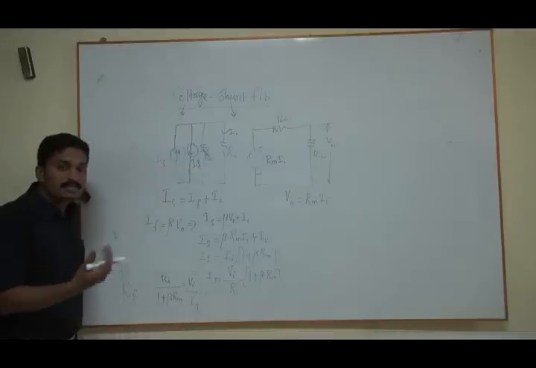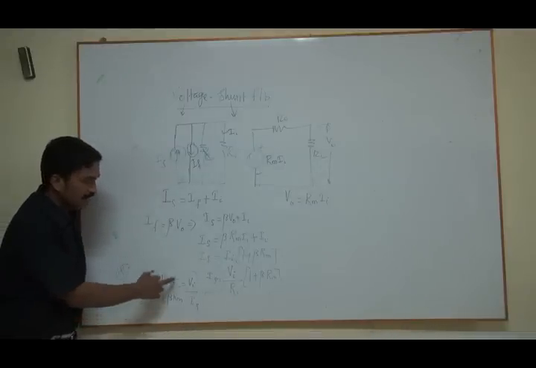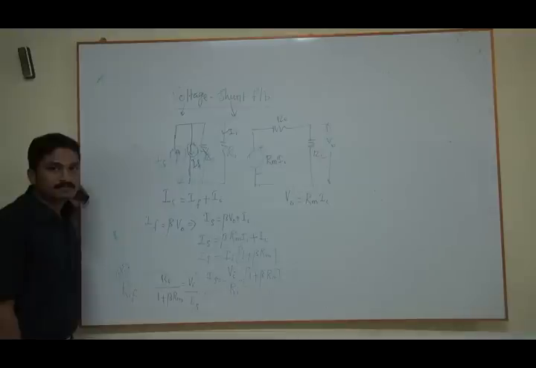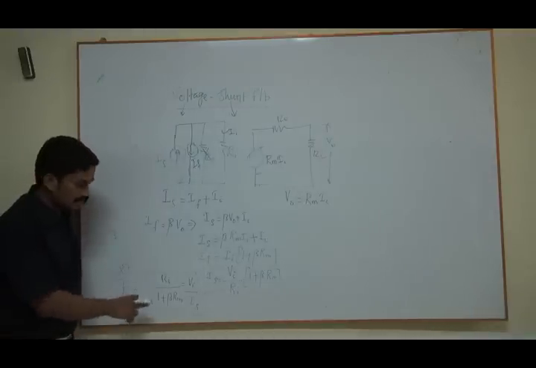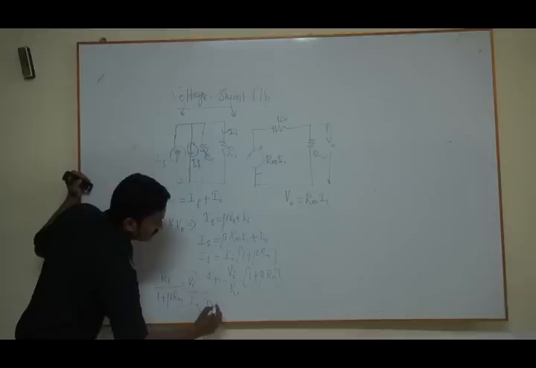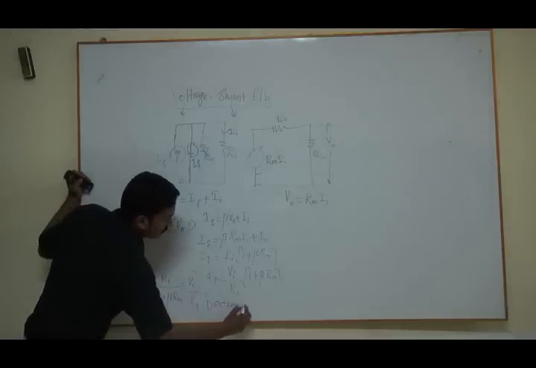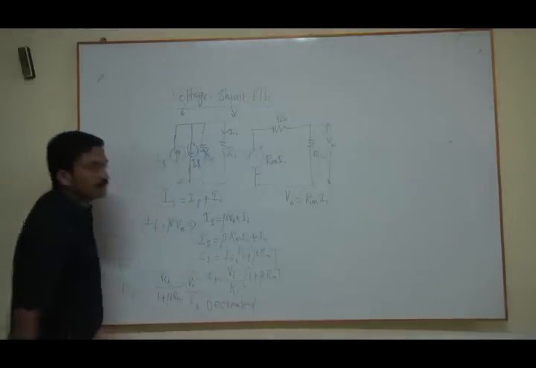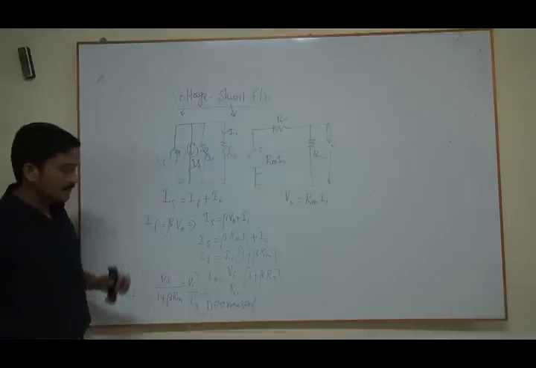But whereas in the voltage series, the same term is multiplied with the Ri term. But here in voltage shunt, 1 plus beta Rm is divided here. Right? So automatically what will happen? Your input side resistance decreased. Clear? This is your RIF.